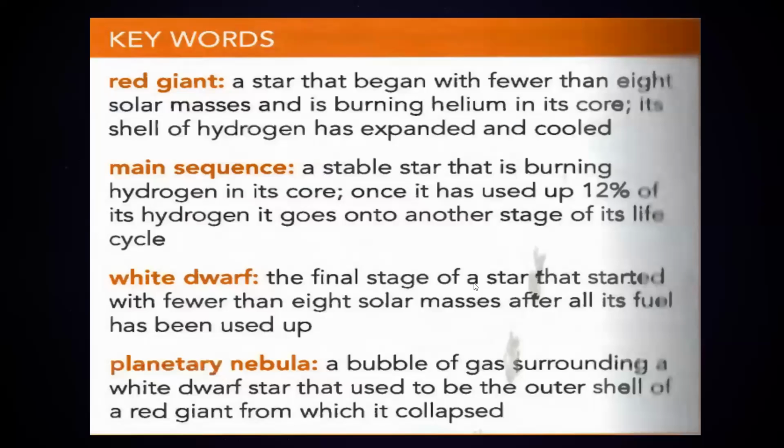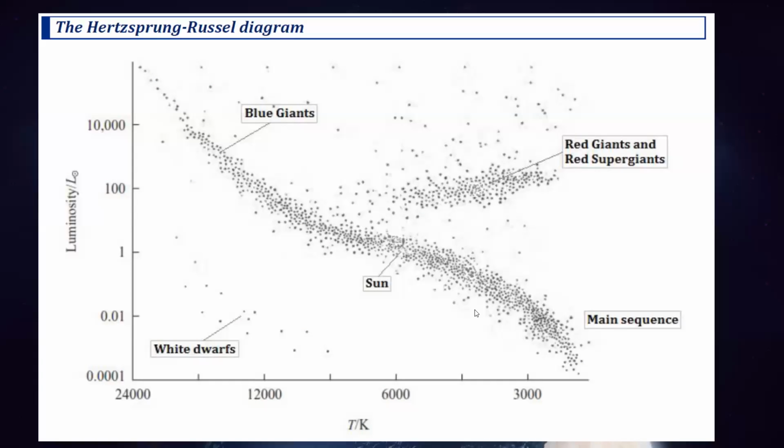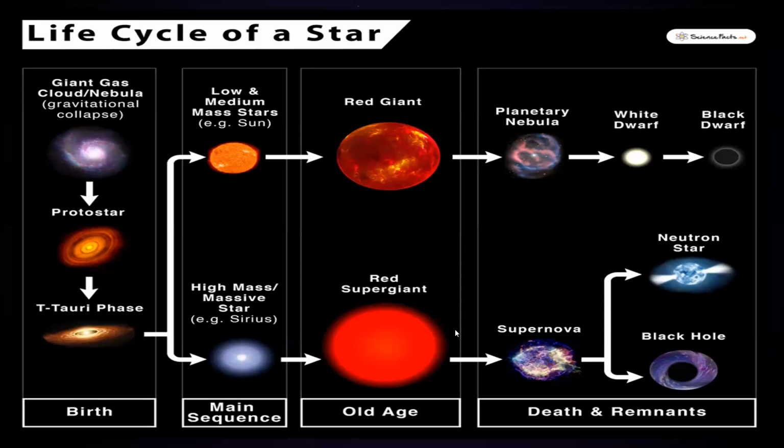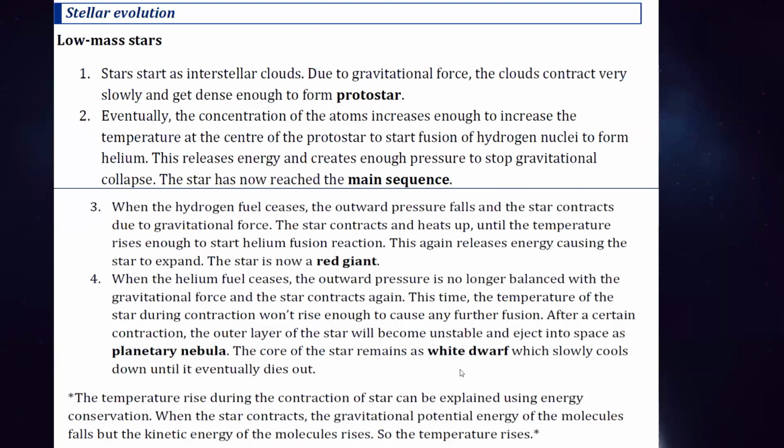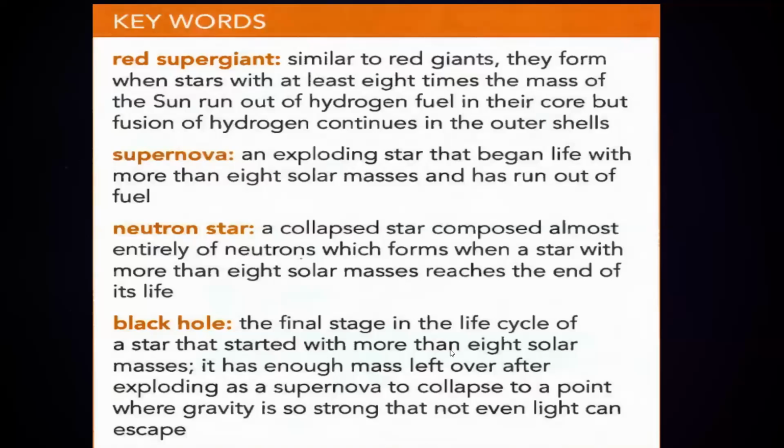This data comes from information on different known stars. So this was about the star cycles, the low mass and the high mass stars.